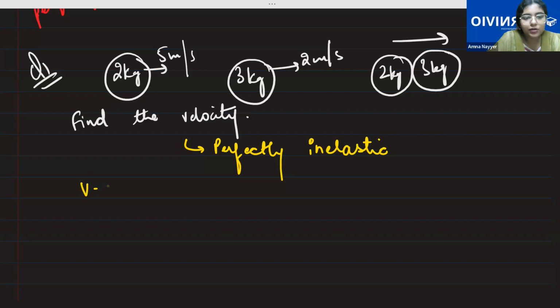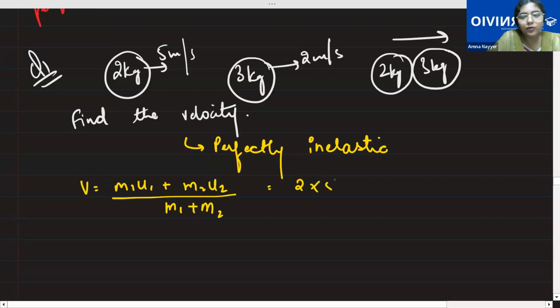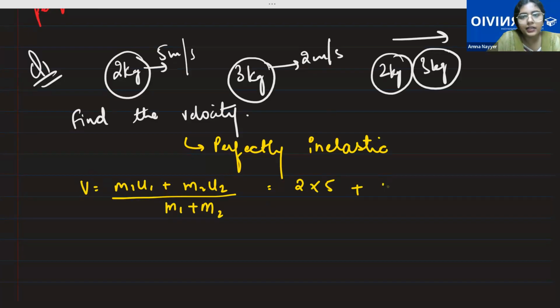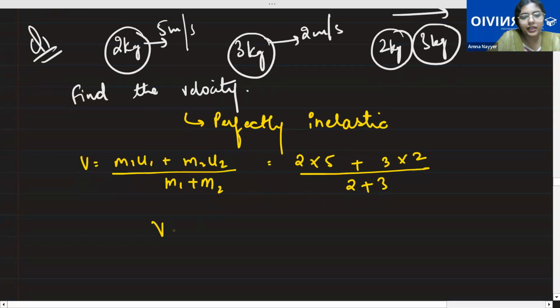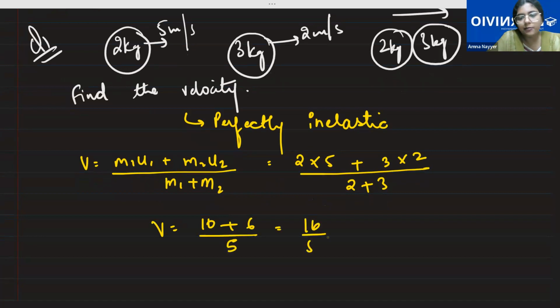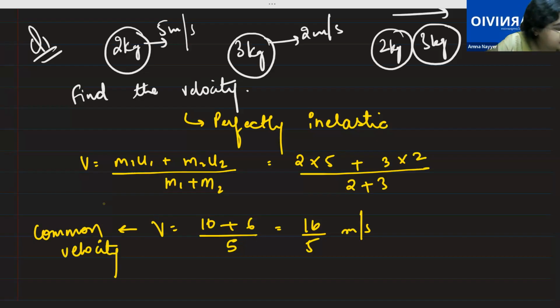So when I use the formula m1u1 plus m2u2 by m1 plus m2, this will be 2 into 5, both in the same direction, plus 3 into 2, divided by 2 plus 3. So V is equal to 10 plus 6 by 5, which is 16 by 5 meter per second. This is our common velocity. Am I clear, class?